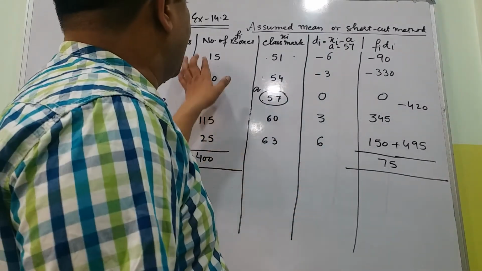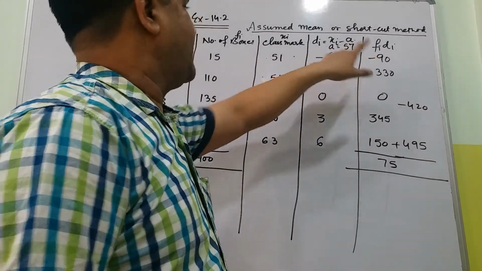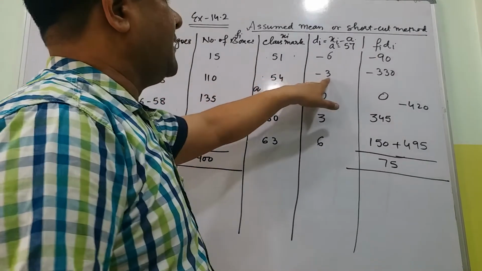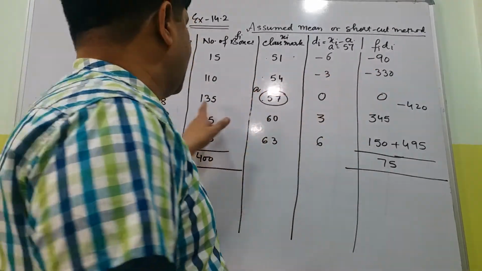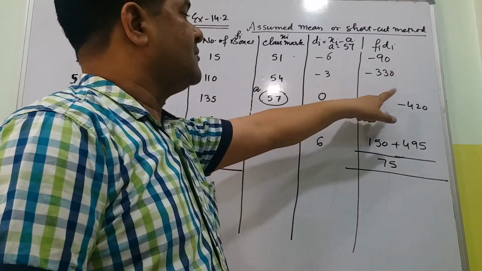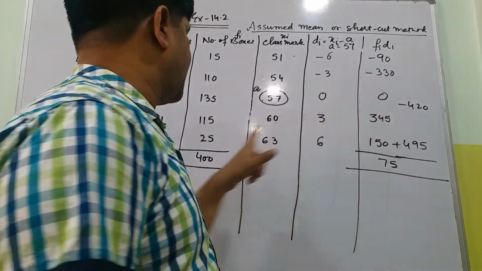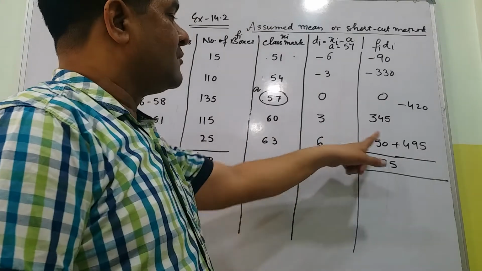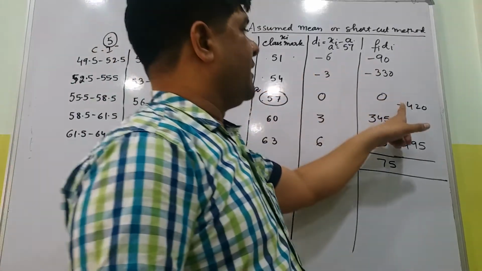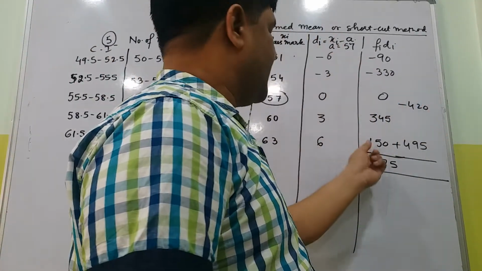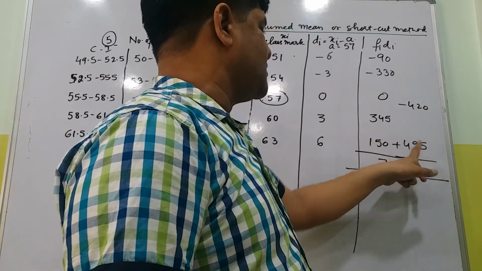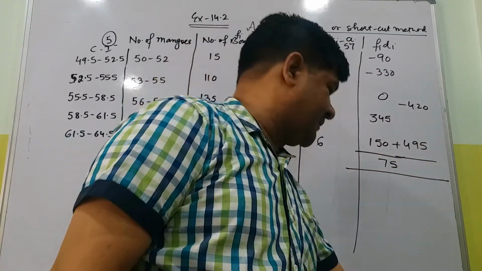Then you multiply. 15 into minus 6, minus 90. 110 into minus 3, minus 330. 135 into 0, 0. 115 into 3, 345. 25 into 6, 150. So here you get minus 420. Here you get 495. When you subtract you will get 75.